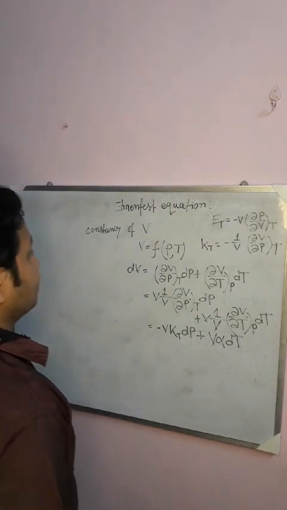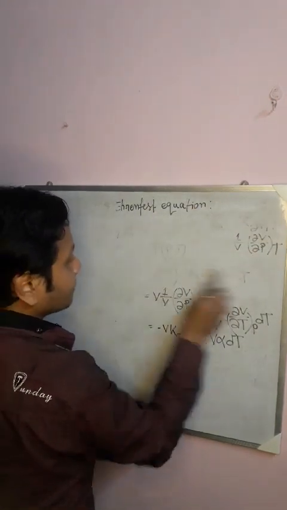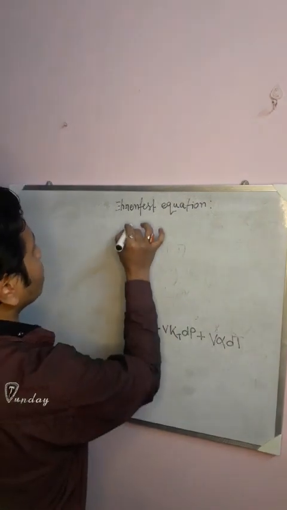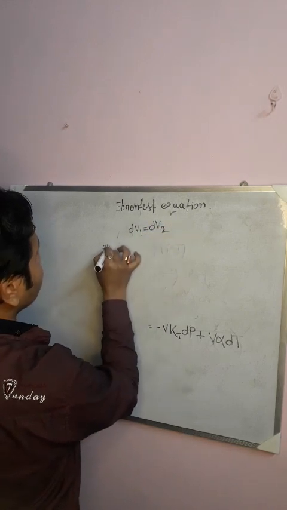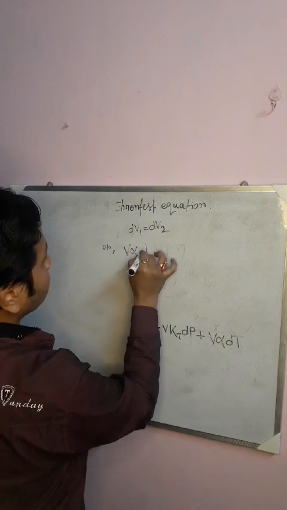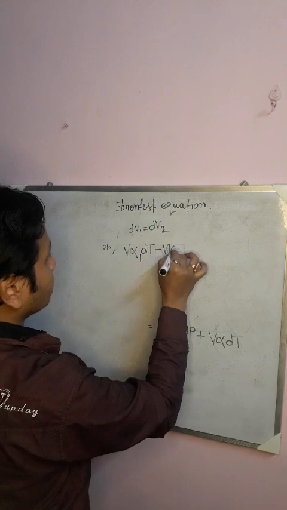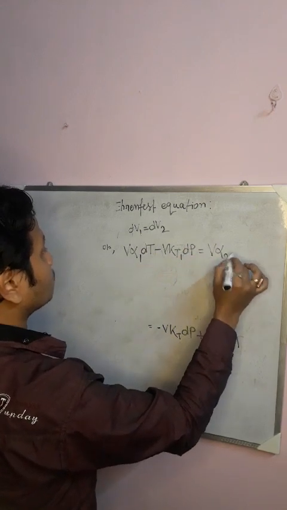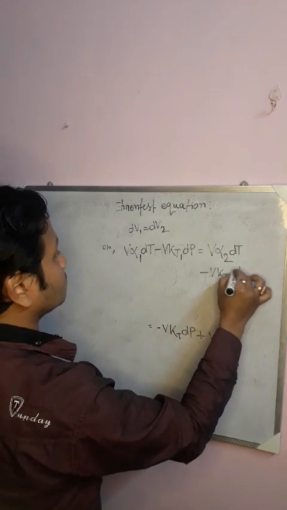Now we apply the condition that in second order phase transition volume remains constant, so V1 equals V2, that means dV1 equals dV2. If we substitute this, V alpha becomes alpha 1 dT minus V Kt1 dP, and this equals V alpha 2 dT minus V Kt2 dP.